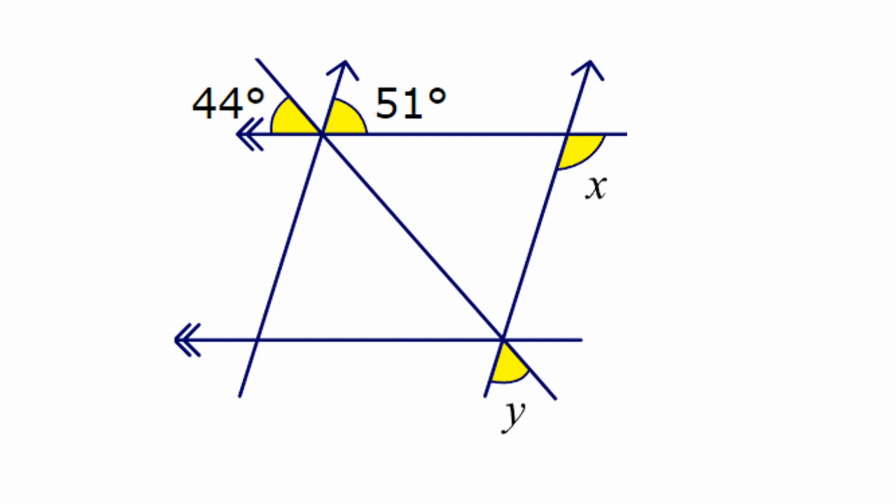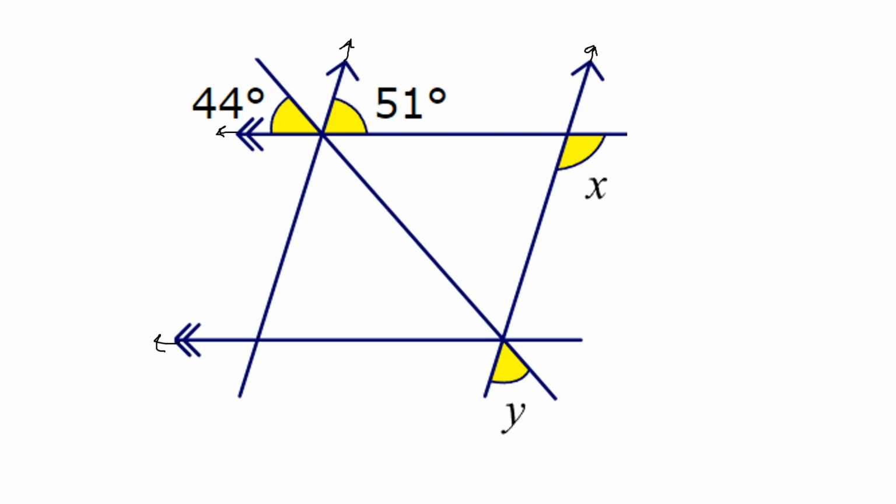Okay, but what about something like this where we have absolutely no hints whatsoever? We're given two sets of parallel lines, one here and one here. And we're told this angle is 44, this is 51, and now we're working out x and y. What can we work out to get the answers that we're looking for?